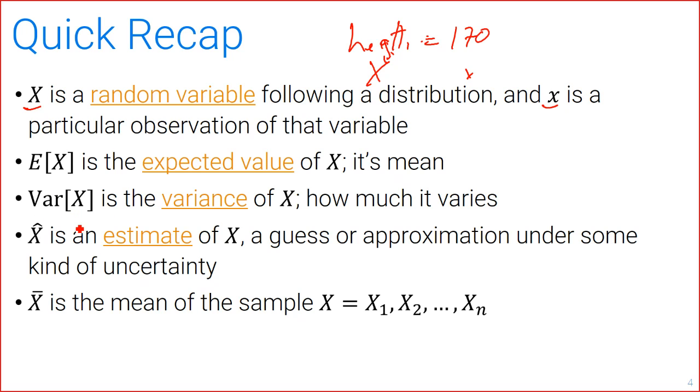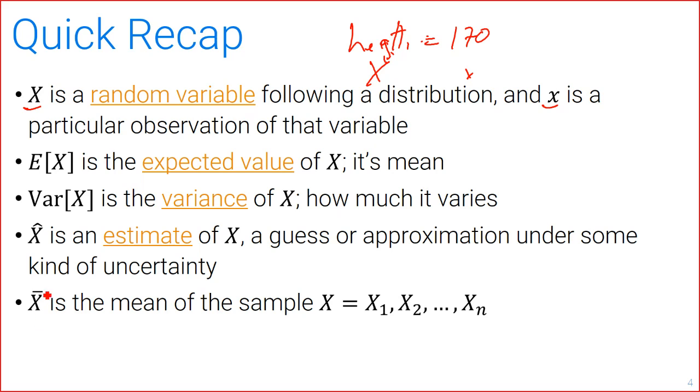And all the time we're going to be talking about estimating certain statistics. So we talked about estimating the population mean a couple of lectures ago. And today we're going to talk a little bit also about estimating. So whenever you see a hat on top of something, remember that means we're building an estimate about that something based on data. So we might be able to estimate what is the value of X given a data set.